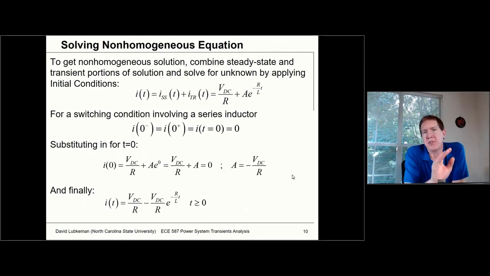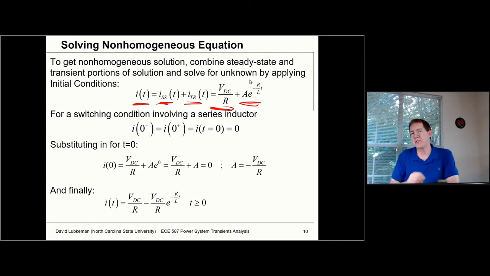The total solution is going to be the sum of the steady state part and the transient part. So i(t) is i_ss plus i_transient. The steady state part is the DC solution, VDC over R. The transient part is A e to the minus R over L times t.